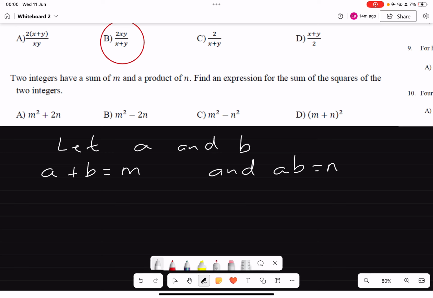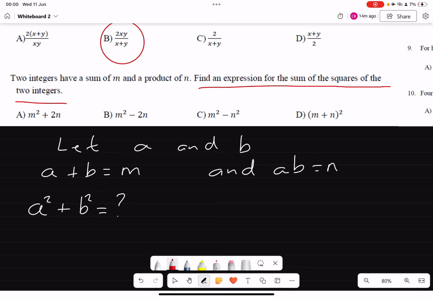Right? And then they want us to find the expression for the sum of the squares of these two integers. So we want a squared plus b squared. They want the sum of the squares of these two integers. So from what I have, I know that I need to end up with squares on a and b and a plus in between them.